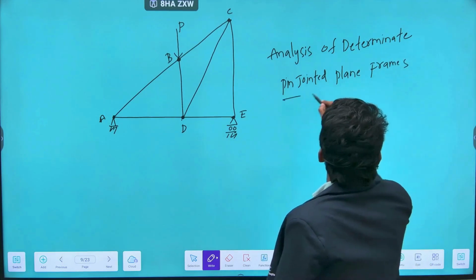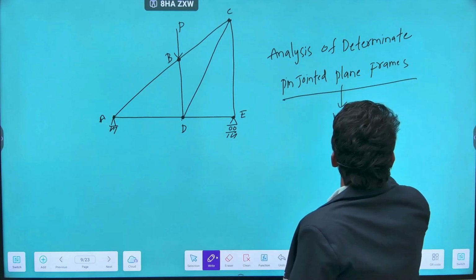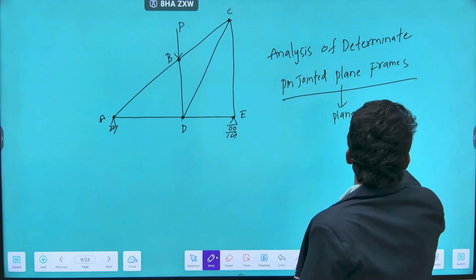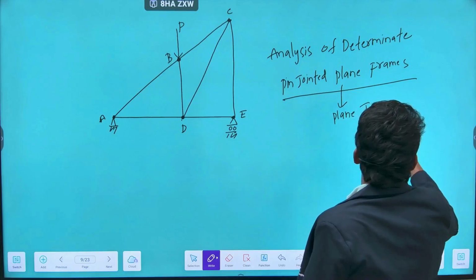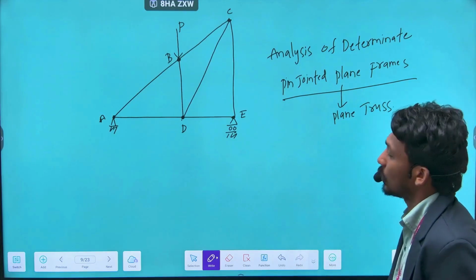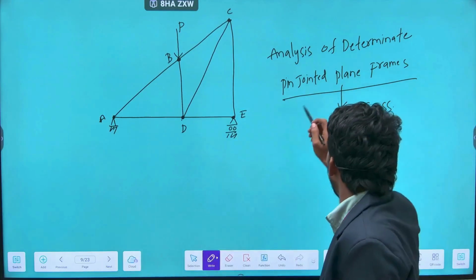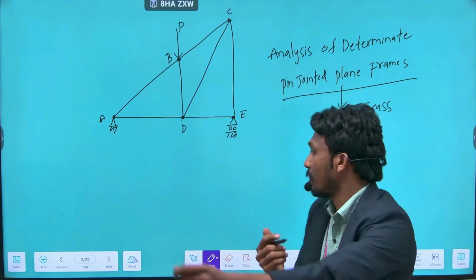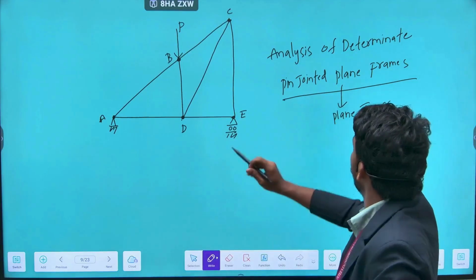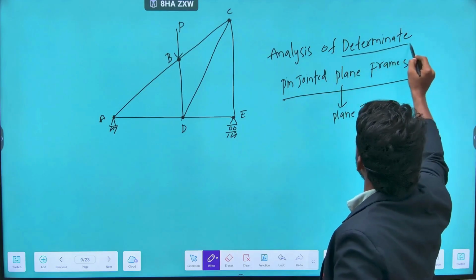A pin jointed plane frame is nothing but a plane truss. So a pin jointed frame is nothing but a truss. A pin jointed plane frame is nothing but a plane truss. So let us see whether it is a determinate structure or not.